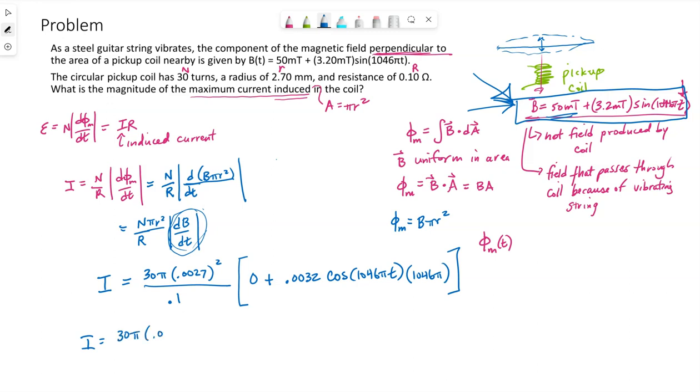I have the pi r squared, I have the resistance, I have the 0.0032 teslas, that was the amplitude. I have the 1046 pi, and then I have cosine of the 1046 pi t.